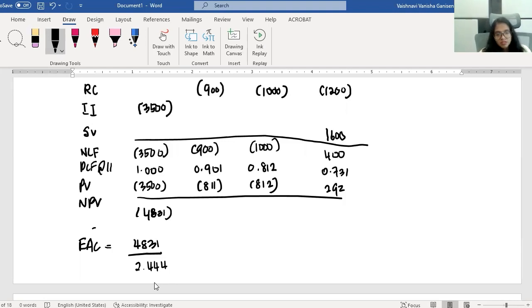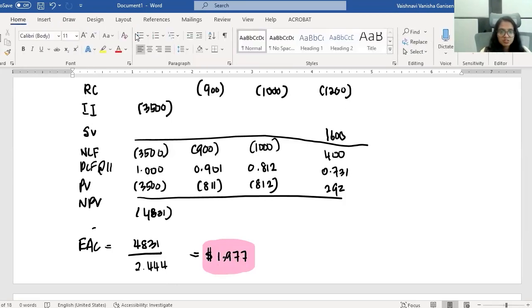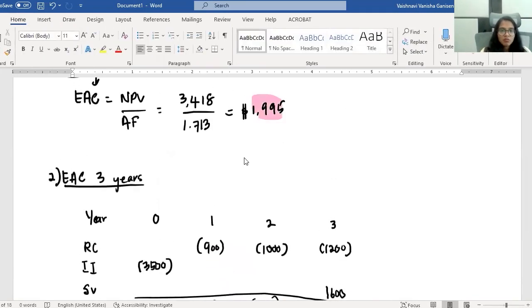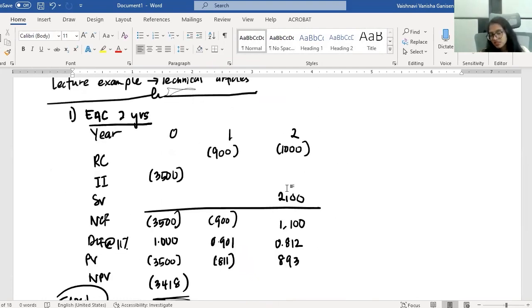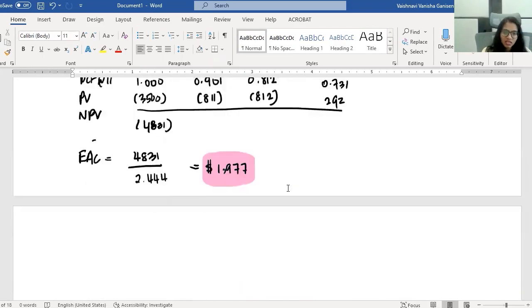Okay, so what will be my cost? So the cost is 1,977. So guys, when you want to compare between the two machineries, I need you to compare 1,995 and 1,977, and I need you to let me know which one is the lowest EAC.